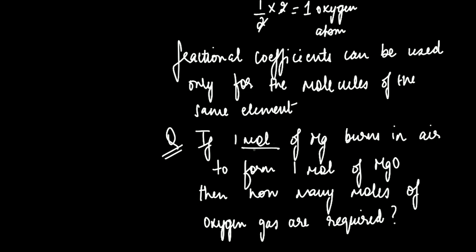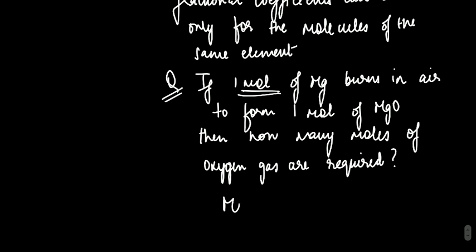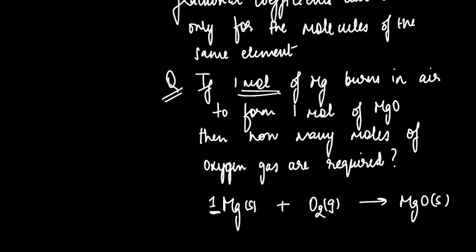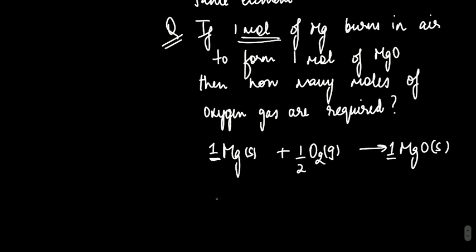So when we say 1 mole over here, they are talking about the perfectly balanced equation that we need to have. So again, we are going to write this. So 1 mole, that means I cannot increase the coefficient. So this is 1, and magnesium oxide formed is also 1. So how many moles of oxygen gas are required? It will be half. So the answer will be half, or we can just write it as 0.5 mole.